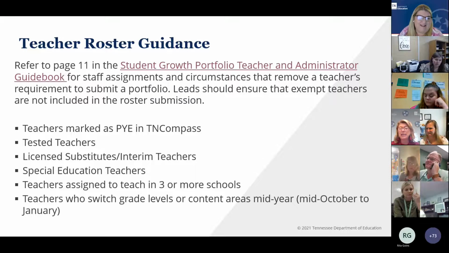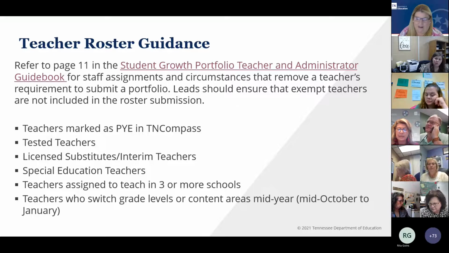Great question. And in just a few slides, I am going to talk about teachers, but I will go ahead and say, when you roster your teachers, the name needs to match the license number and the email in Encompass, or it will get kicked back to me when we do the data analysis. So whatever their name is in Encompass needs to be their name on the roster, because that name will be linked to that license.